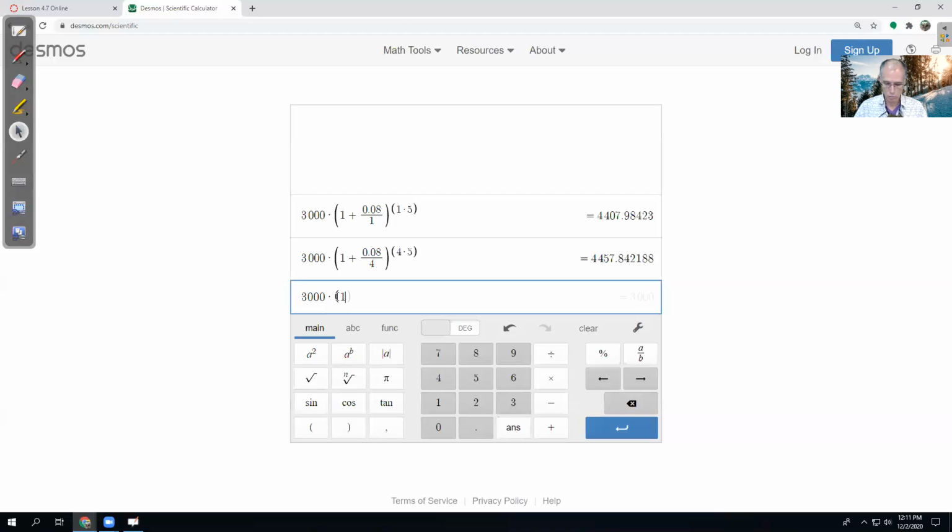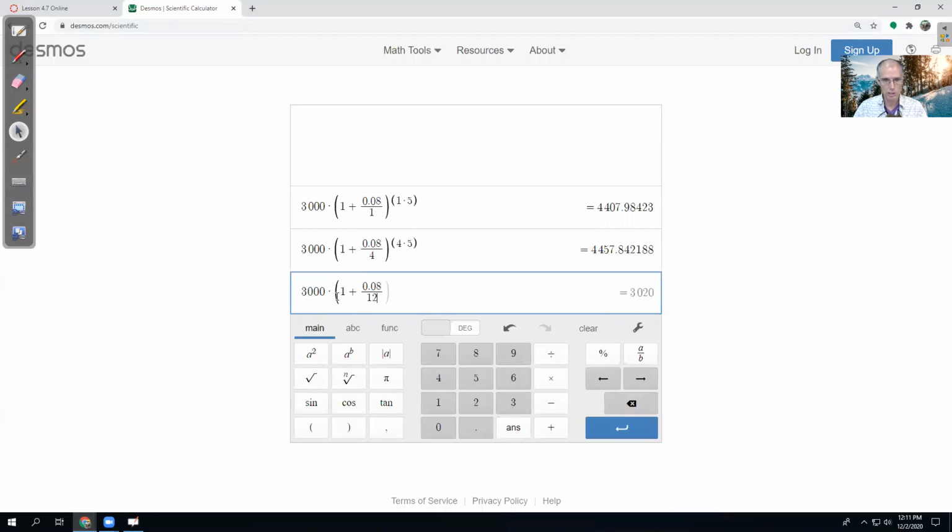3,000 times 1 plus 0.08, 8% as a decimal, split into 12 pieces for 12 months in a year, and then raise that to the power 12 times 5, because we get interest 12 times a year for 5 years. And it's a little bit better, $12 better than the quarterly.